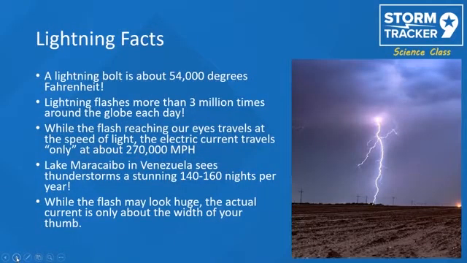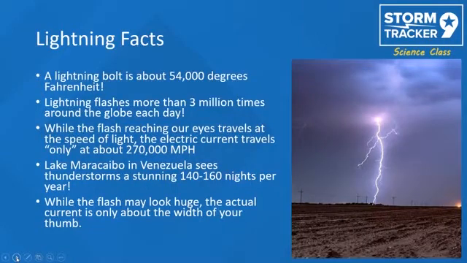Some lightning facts for you. A lightning bolt is about 54,000 degrees Fahrenheit. That is extremely hot, much hotter, in fact, than the surface of the sun. Lightning flashes more than 3 million times around the globe each day.